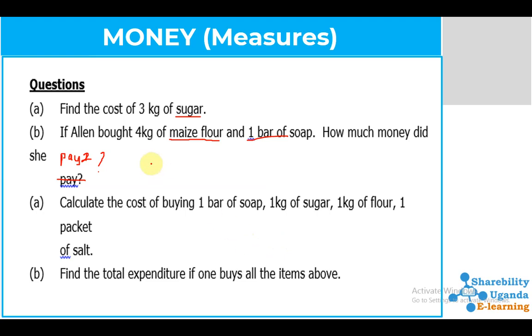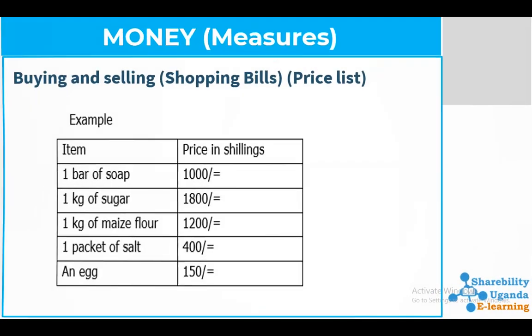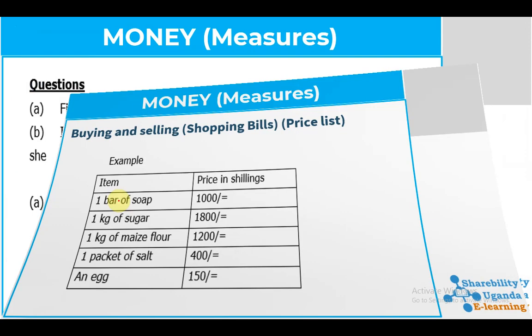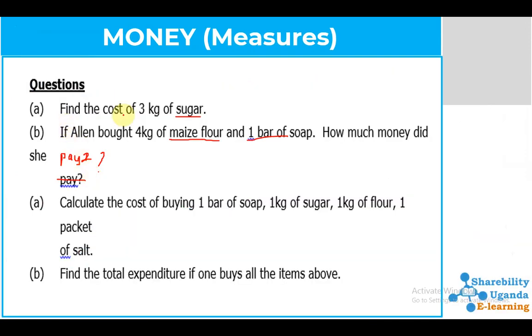So let's find this question. We are saying find the total cost of 3 kilogram of sugar. They are talking about sugar. So when you come to the column of sugar, here we have sugar is 1,800. They want us to find the cost of 3 kilogram of sugar.